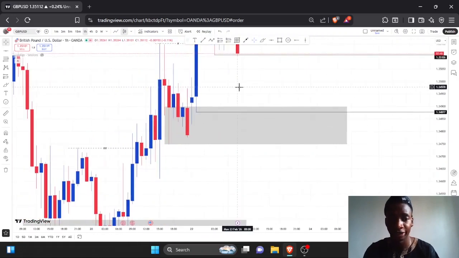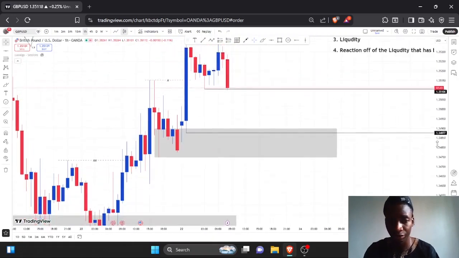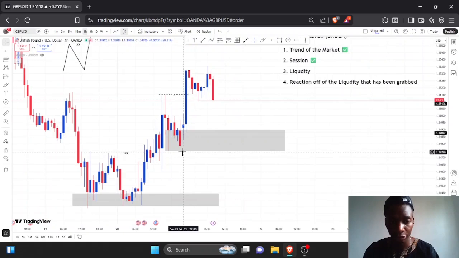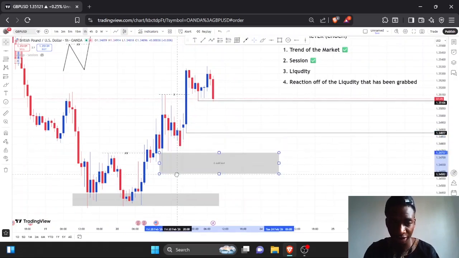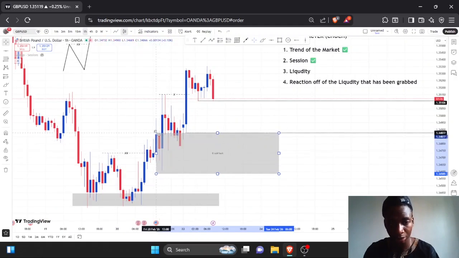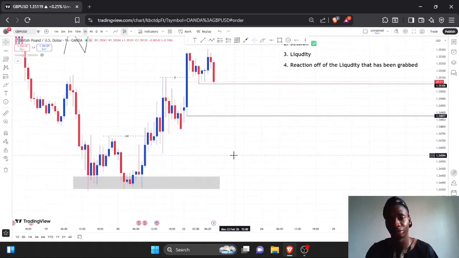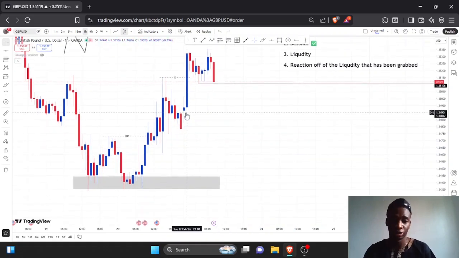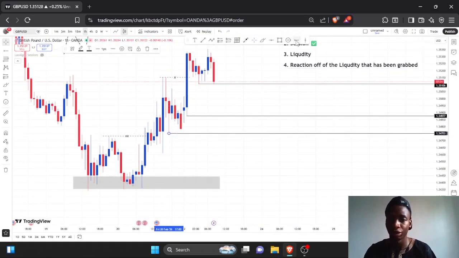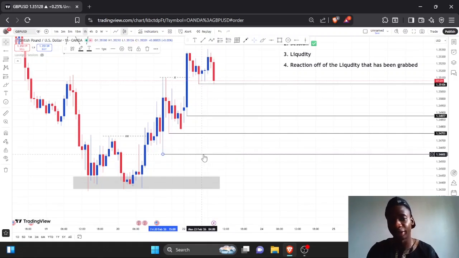And if the market still continues dropping, technically we can also count this. Let's see how the market does. So these are the liquidity points. These zones are also liquidity, but those are very far. The market going there is going to be very, very far.